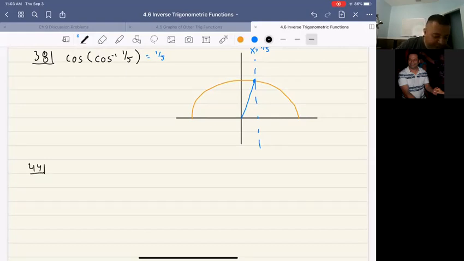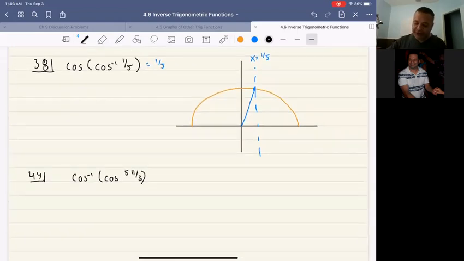44 says we're going to take the cosine inverse of the cosine of 5 pi over 3. Okay, this is one where we need to think about this.